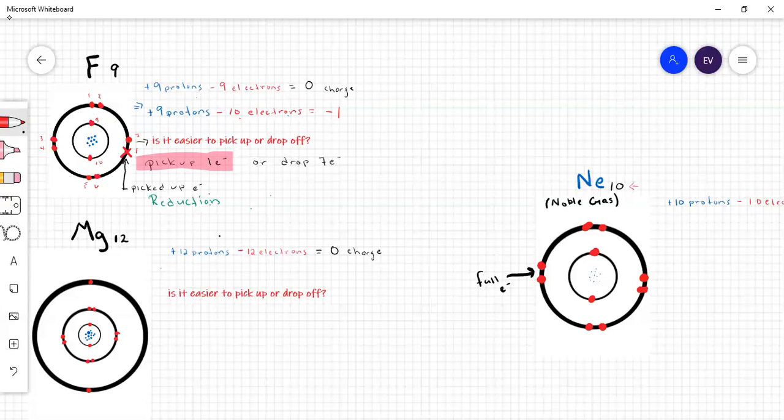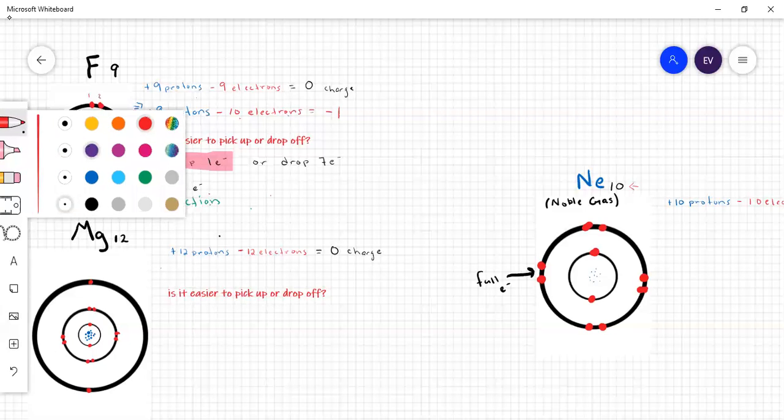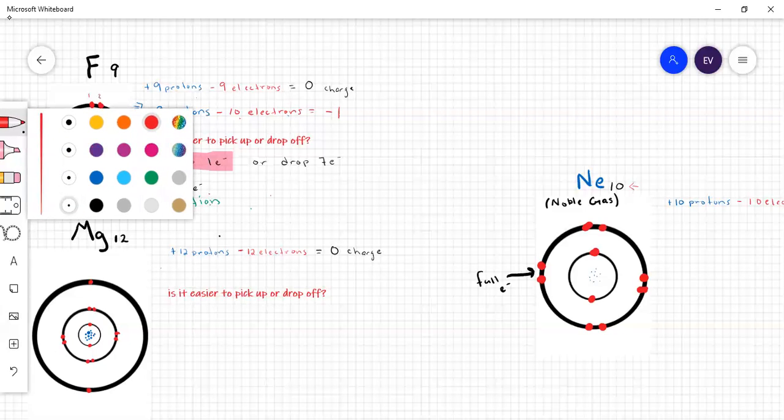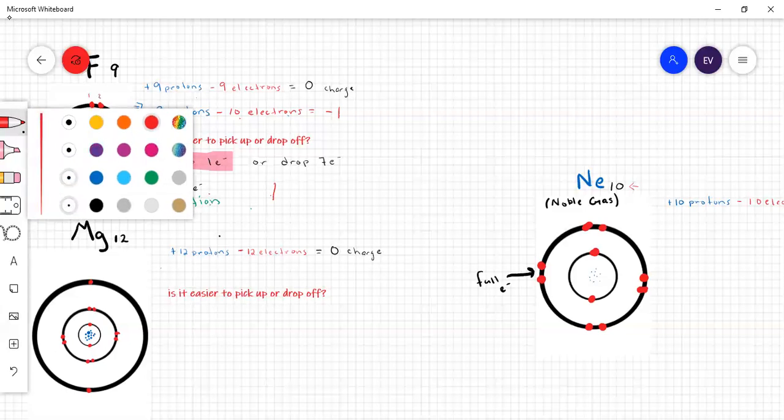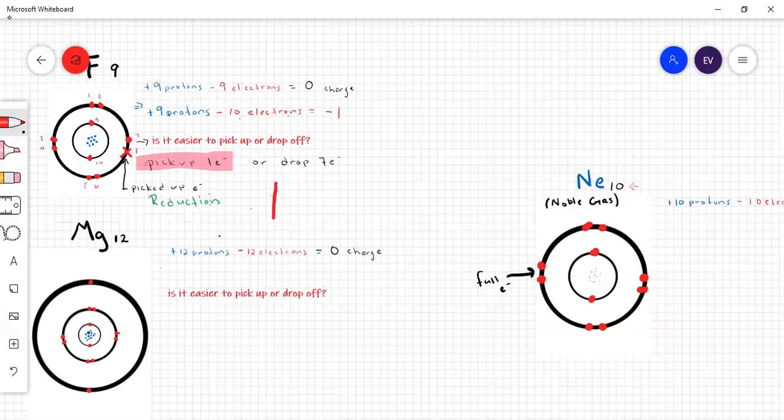So what happened is fluorine is now an ion. An ion is simply an atom that carries a charge. So how do you represent the fluorine ion? Well, it's simple. You take the chemical symbol for fluorine, and then you write its charge.